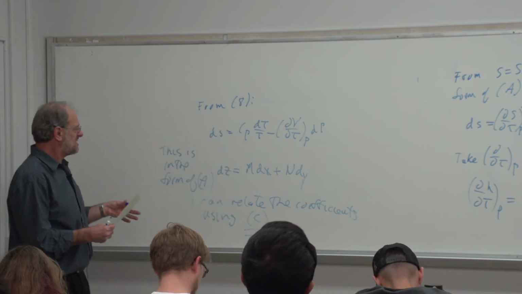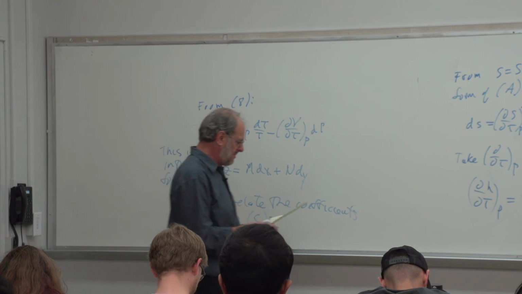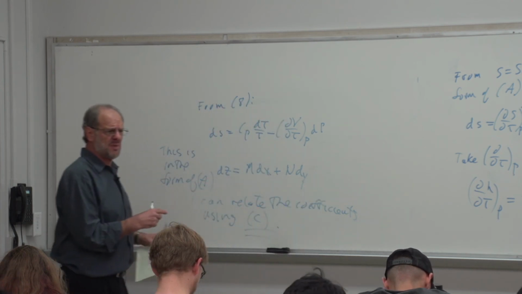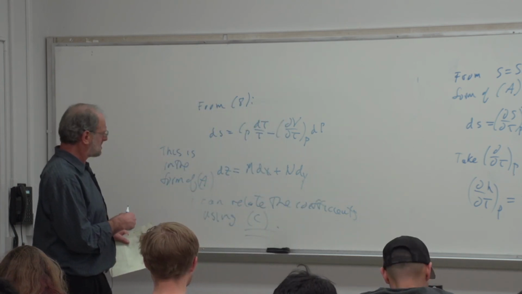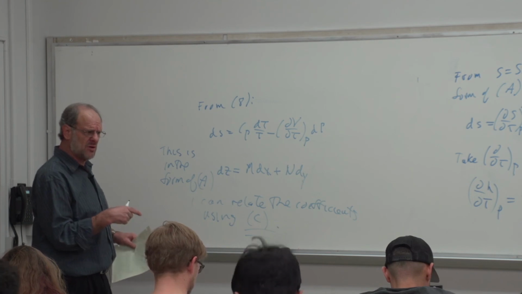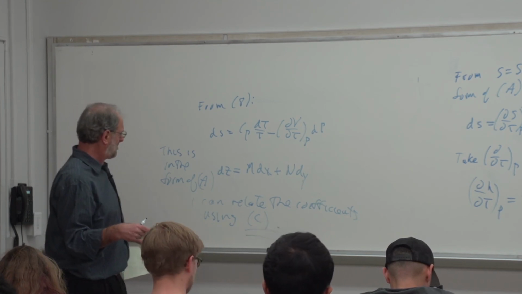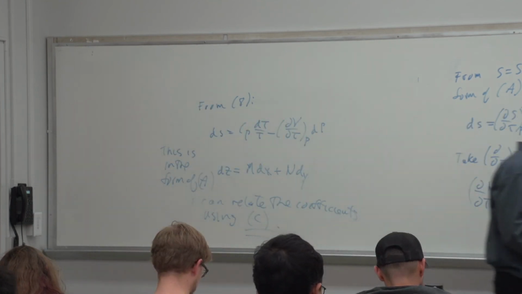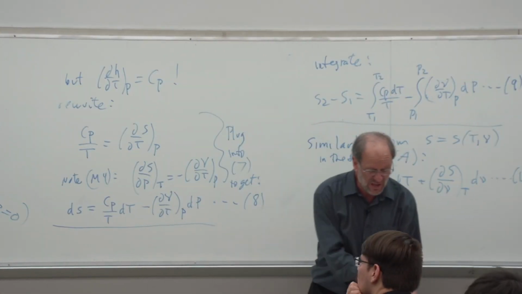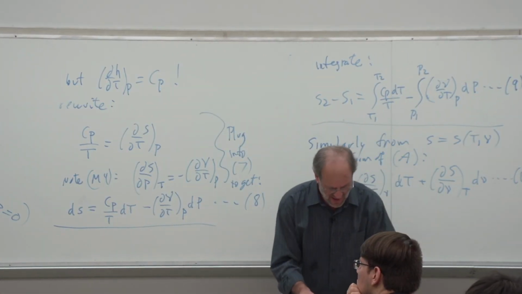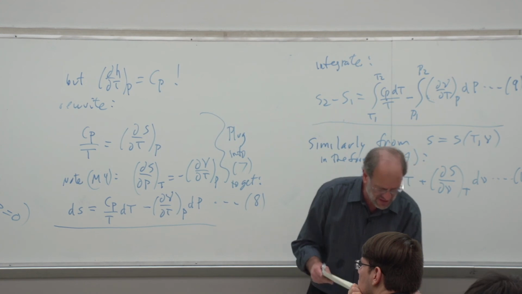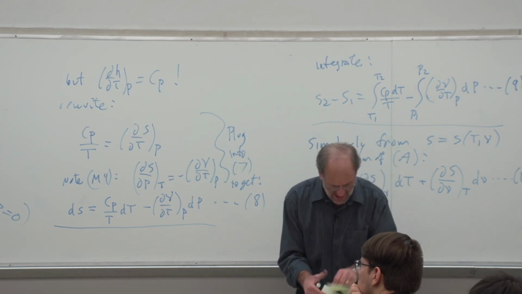Equation C was the one that said the partial of M with respect to x holding y constant equals the partial of N with respect to x holding, no, that's not quite right, is it? Well, it's in your notes as equation C, but let me just identify it so we remember.